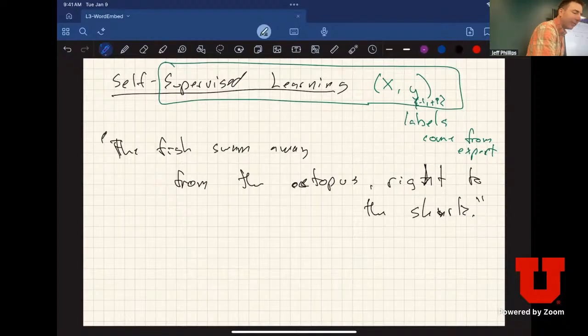So I have this sentence in this domain. I have the word octopus, and so I have information about each of these words right here in this corpus. It's not telling me a label for how similar they are, but this context is giving me some information. In fact, what it's capturing is examples of English language that's for the most part properly written.